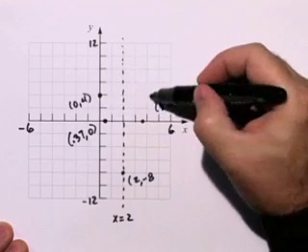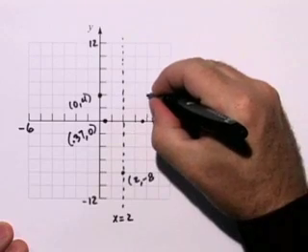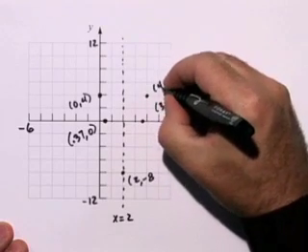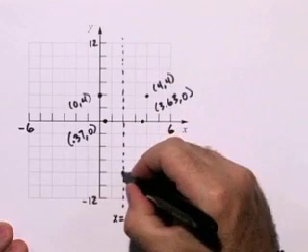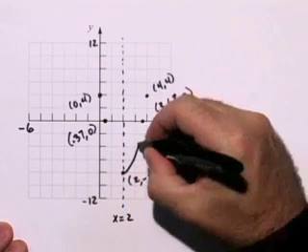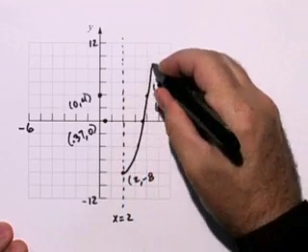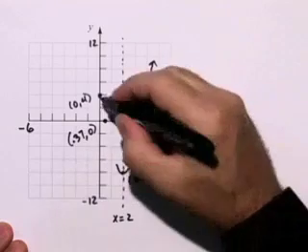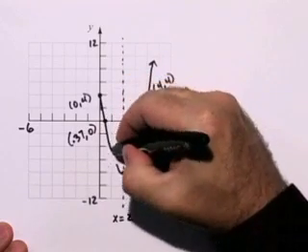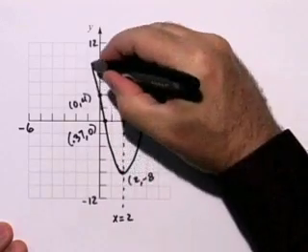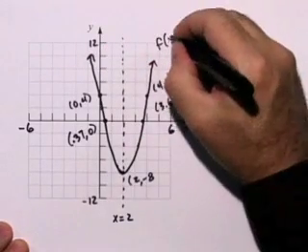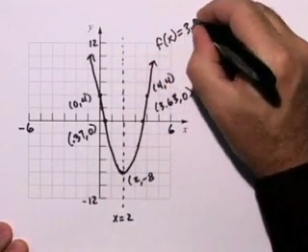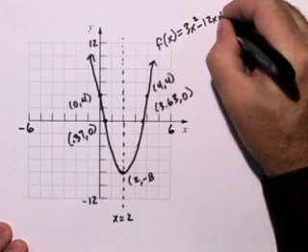So we'll go 2 units the other direction, and we can plot the point 4, 4. And then we're going to connect these points with a smooth curve. And there we have the graph of f of x is equal to 3x squared minus 12x plus 4.